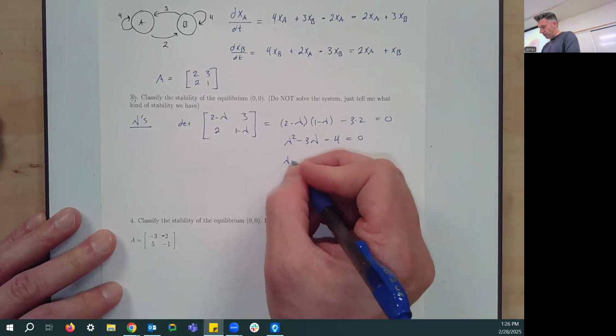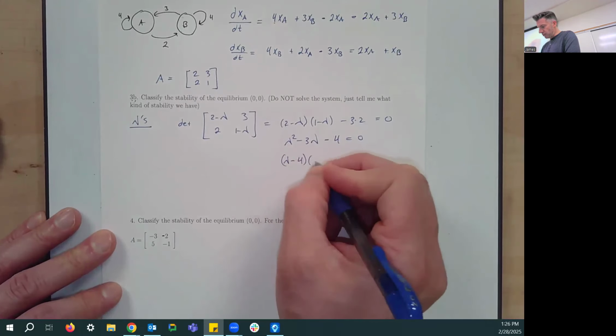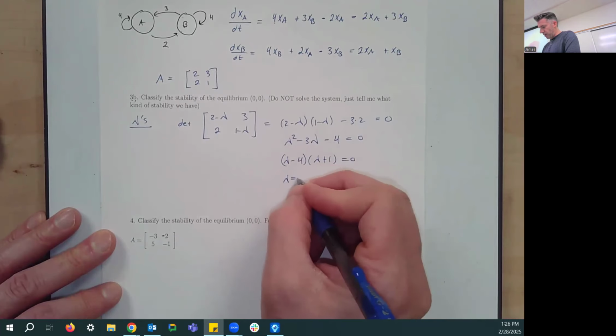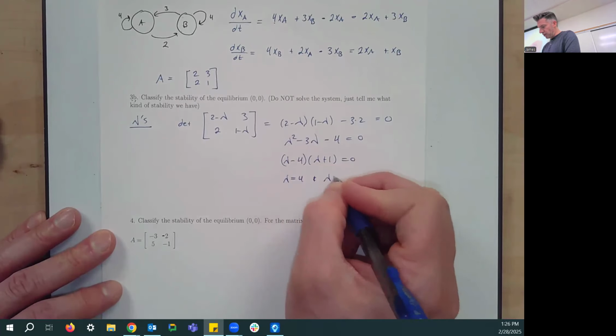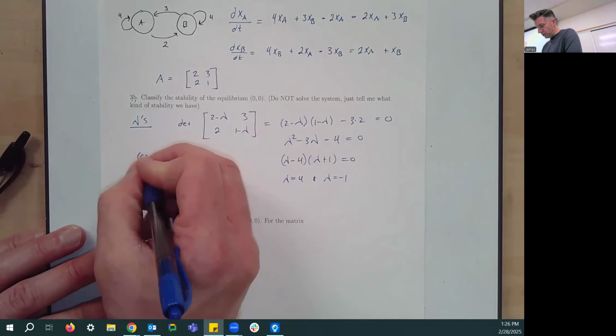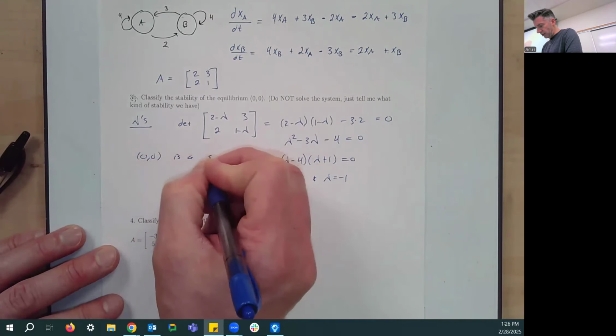Factoring, we get lambda minus 4 times lambda plus 1 equal to 0. So we get lambda equal to positive 4 and lambda equal to negative 1. And we know when our eigenvalues are opposite signs, we have a saddle. So (0, 0) is a saddle.